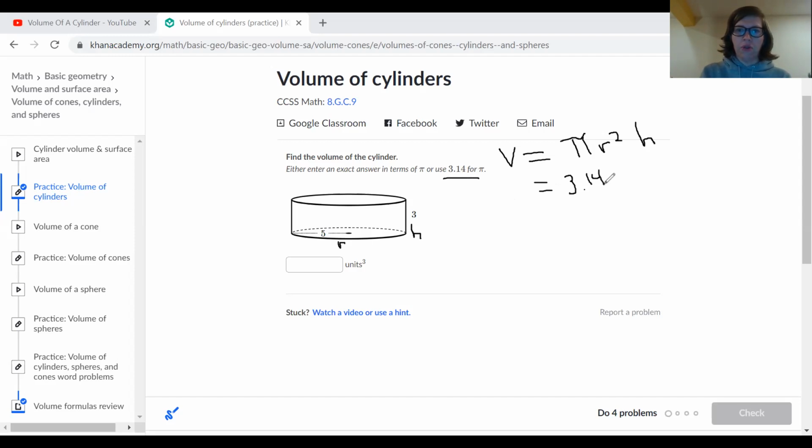And then you need to substitute your radius, so 5. And then your height, which is labeled in your diagram, so substitute h with 3. Then you should be ready to solve. So go ahead and solve, and then we will go over it.